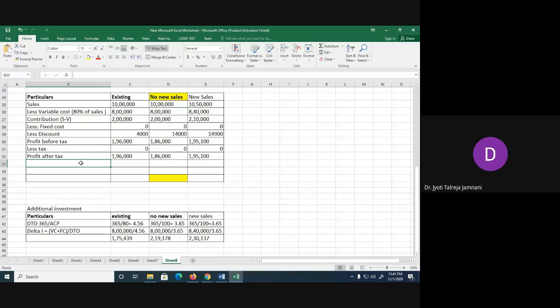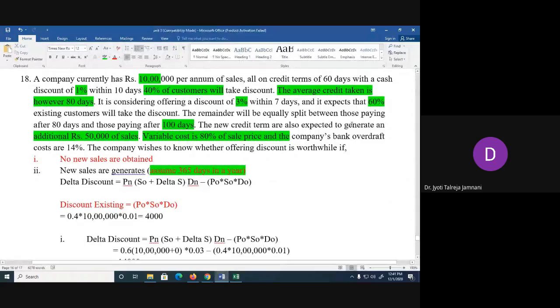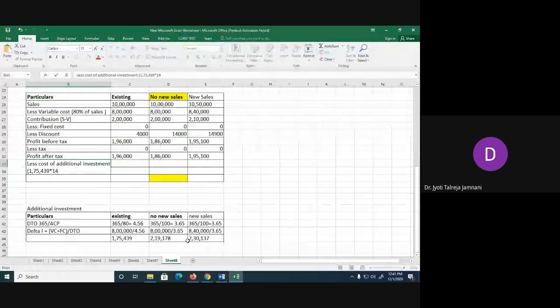Now we'll less cost of additional investment. So 1,75,439 into, see here they've given bank overdraft cost is 14%. So this 14% is your cost of additional investment. So into 14 divided by 100, you get 24,561.